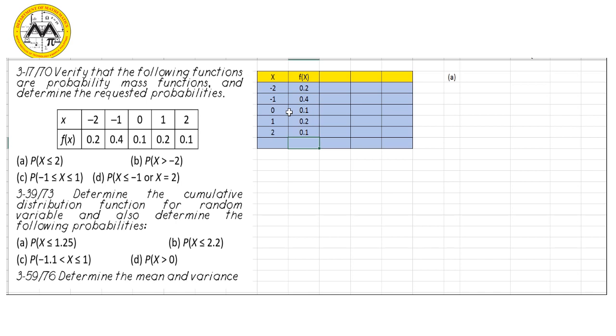The conditions are all the probabilities must be positive, and if you add them, the total should be equal to 1. So indeed, we have verified that this is a valid probability mass function.